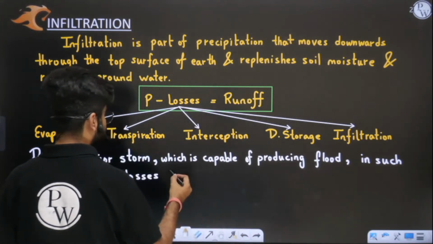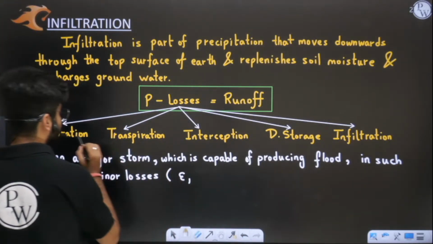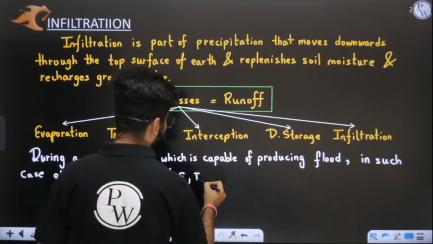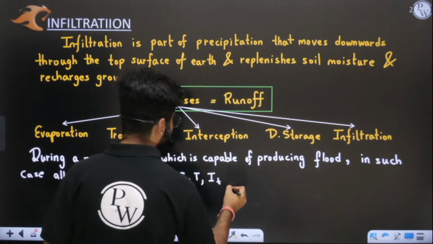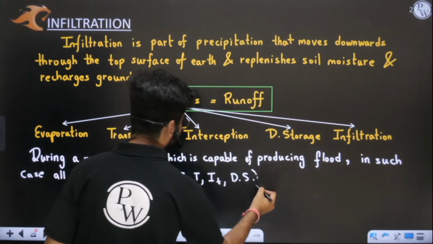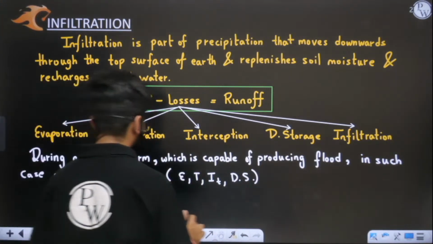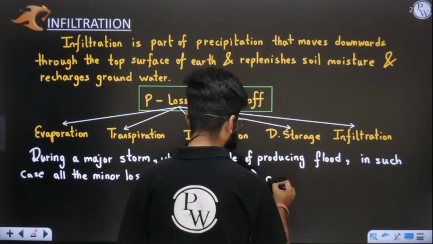Let me write in bracket. We are referring here to evaporation, transpiration, interception, and depression storage. I have abbreviated each and every term here. See, these four are minor losses. So all the minor losses are considered negligible.